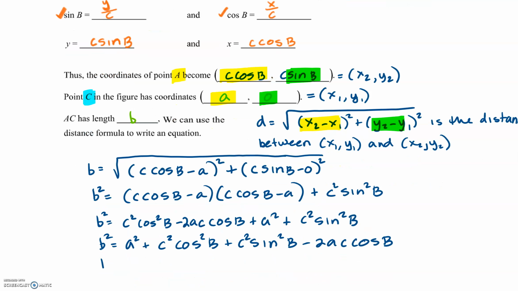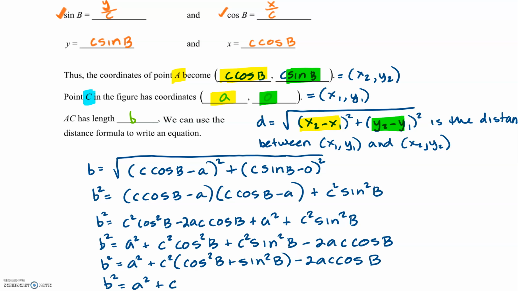I can factor out a C squared in the second and third term. And then we get that cosine squared B plus sine squared B, which we know is 1. So we have it. B squared equals A squared plus C squared, because this is just 1.